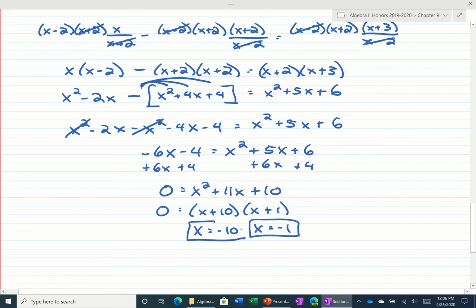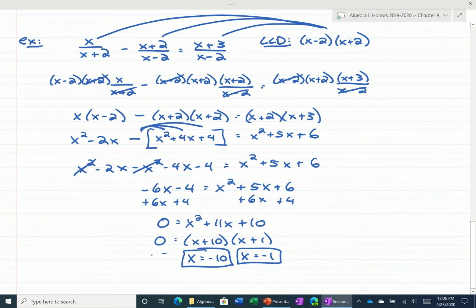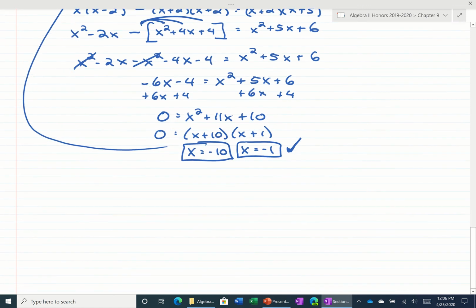So two answers. And if we look at the original equation, a number that would not work would be negative 2. That would make this equal 0. But that wasn't one of the answers, so we don't have to worry. X also can't be equal to 2, but it's not. We don't have to worry about that. And if you were to plug in those numbers, I did go out and check these before the problem, they would work. All right, so both of those answers would be fine.